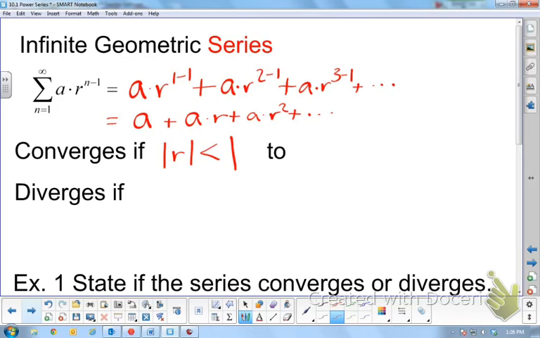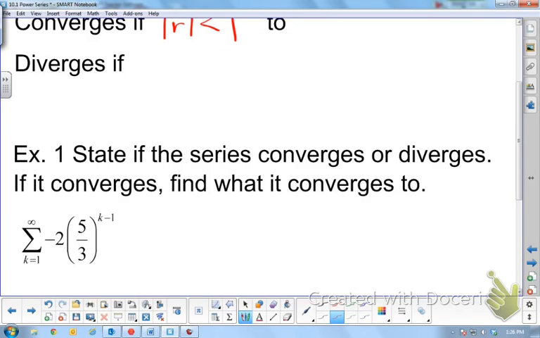Which makes sense, because that common ratio is what we multiply by every time, and the only way our next terms are getting smaller is if we multiply by a fraction. And what kind of numbers are between -1 and 1? Fractions. And it only gets smaller if we have a fraction less than 1. If we have a number bigger than 1, it still gets bigger.